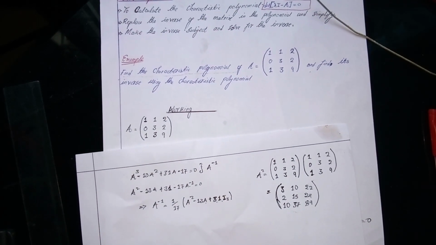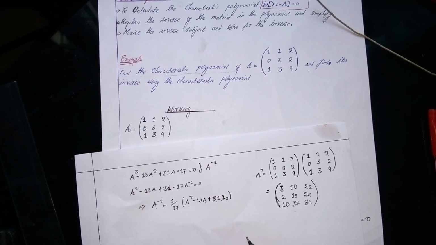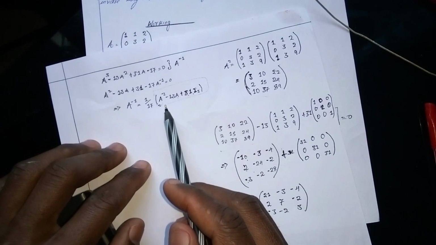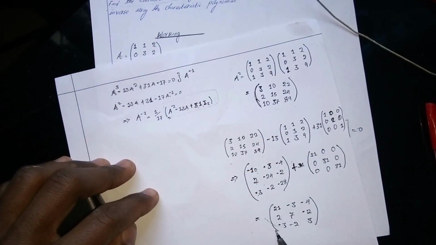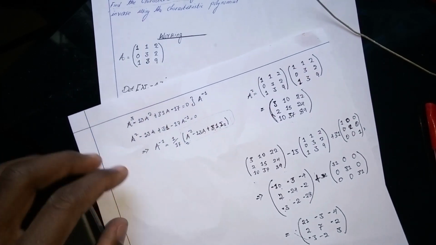Now we can put our A squared here, then we subtract 13 multiplied by the A minus 31 multiplied by the identity matrix. After simplifying this part, we have this as our matrix.